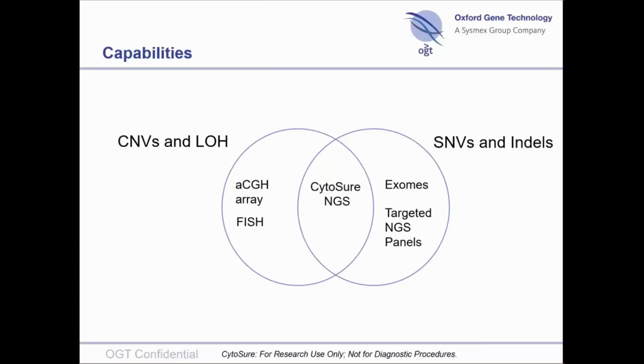We see CytoSure NGS sitting between these two, as it gives you both that SNV and indel information you would expect to get from an NGS platform, but also with CNV and LOH detection comparable to microarrays. Here at OGT, we have done extensive developmental work and corroboration studies to show that our CNV calling is completely comparable to our microarray calling.